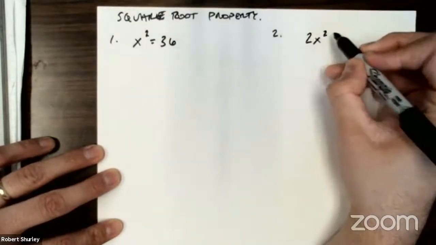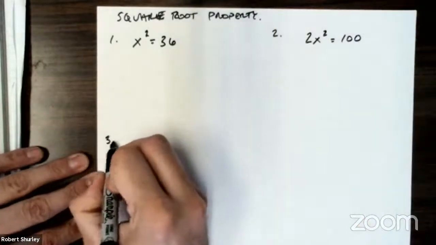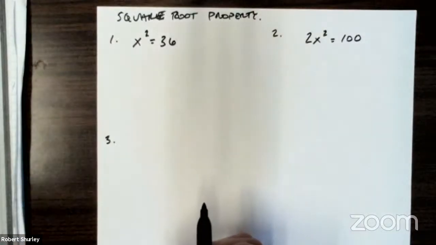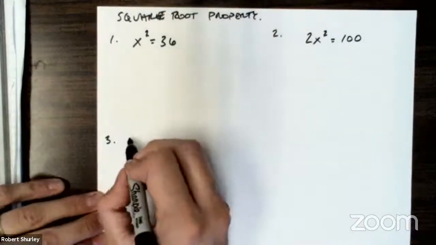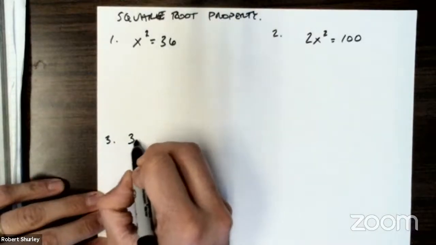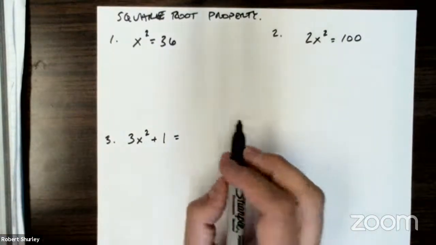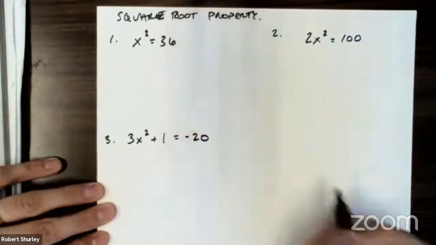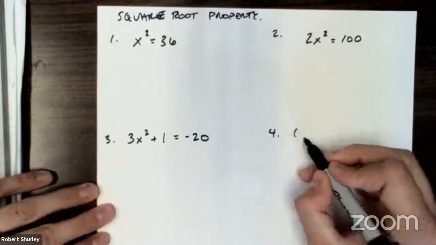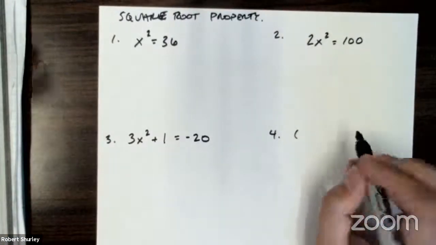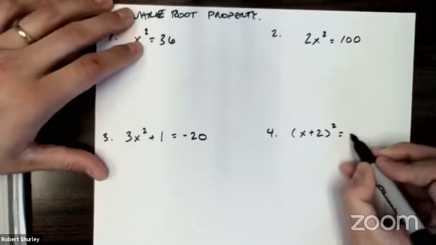Then 2x squared equals 100. On the third one, let's say we have 3x squared plus 1 equals negative 20. And lastly, let's do one right from the book. x plus 2 squared equals negative 7.